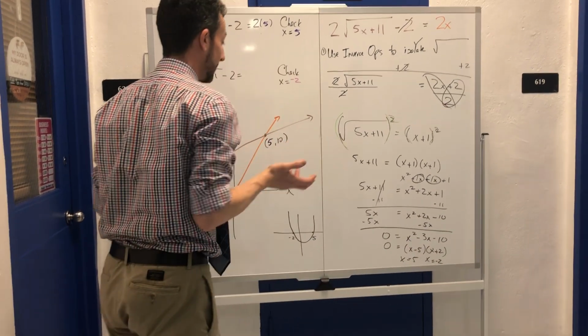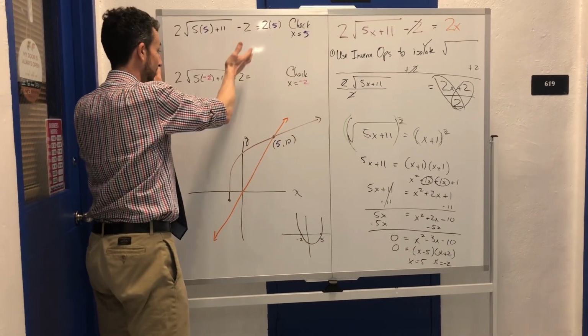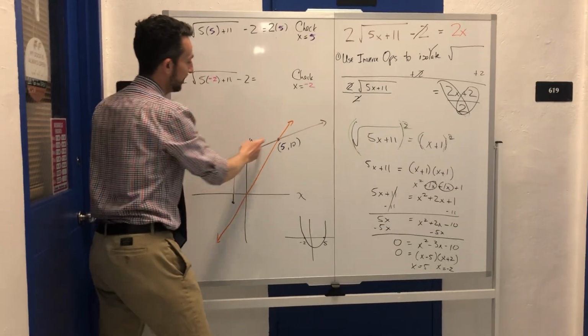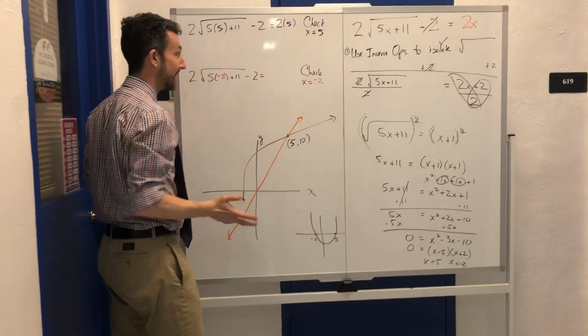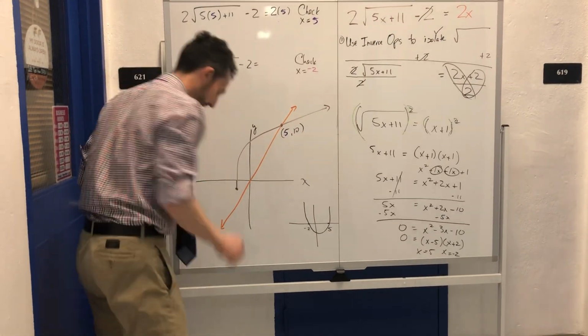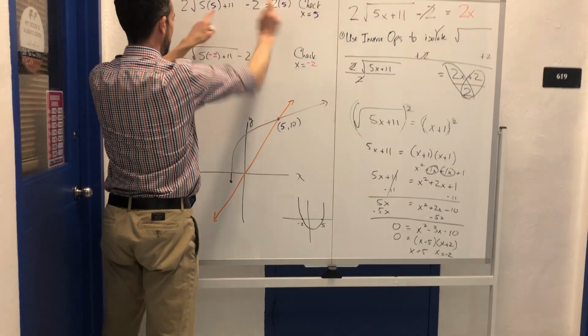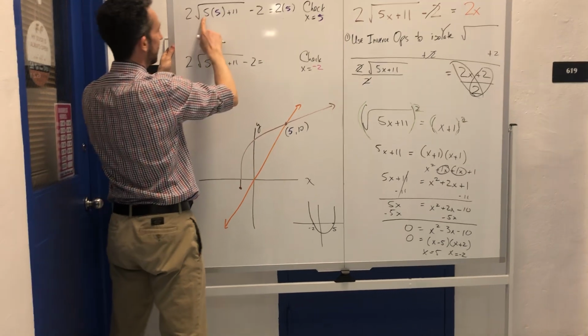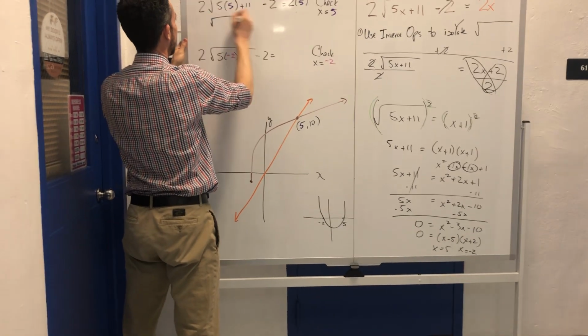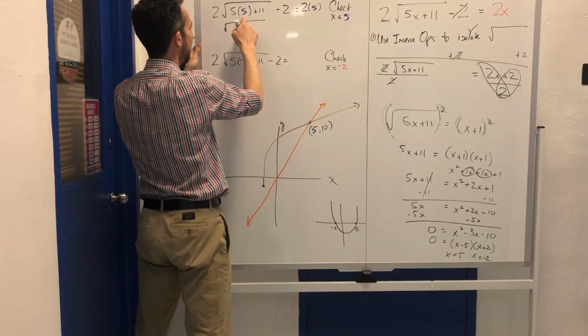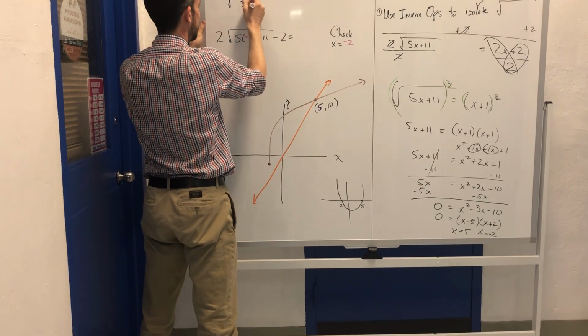And now we're asking ourselves, do they actually work? Because when we have a radical function, we have to plug in and check, as they may not work. Okay, so here we go, plugging in x equal 5. Inside the parentheses, 5 times 5 is 25, plus 11 is 36.